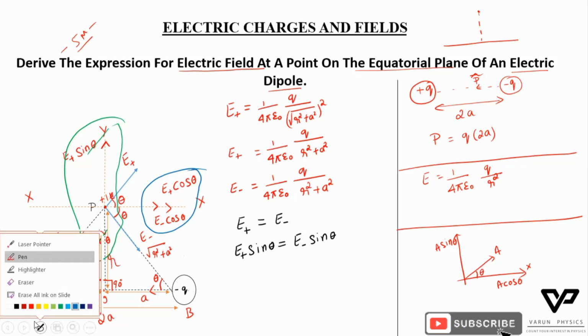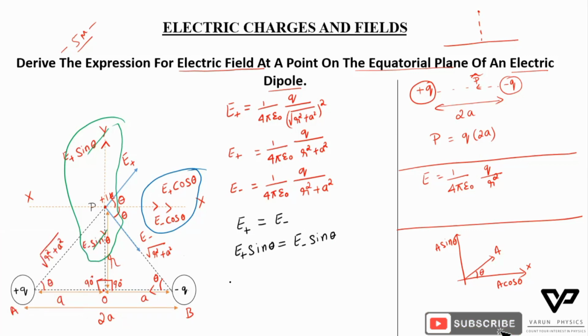Therefore, the net electric field will be E net is equal to 2 times, since E plus is equal to E minus, I am directly writing 2 times E plus cos theta.